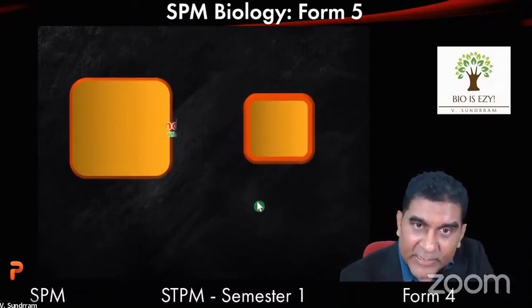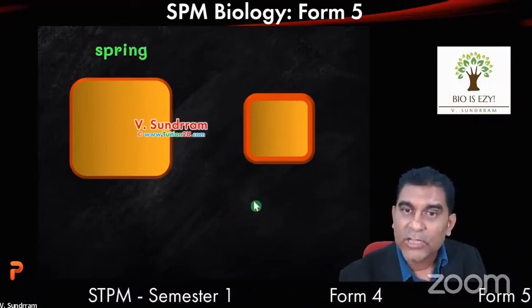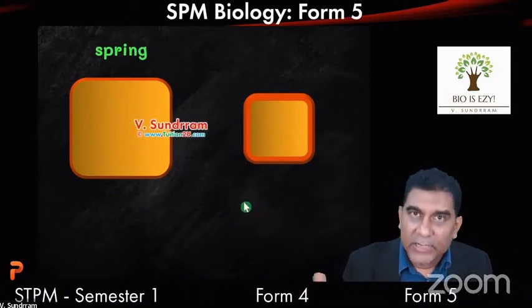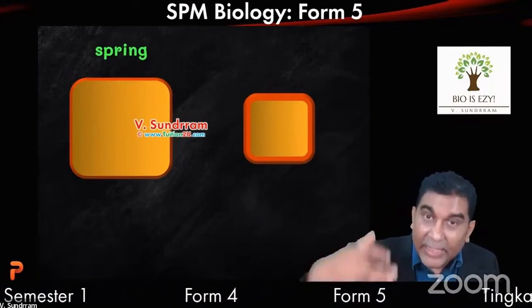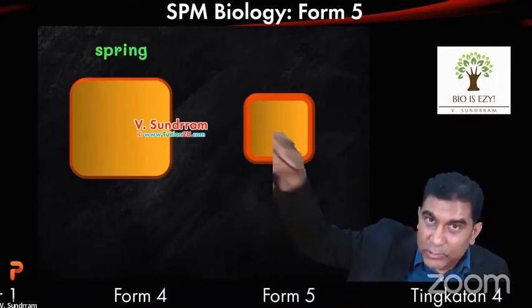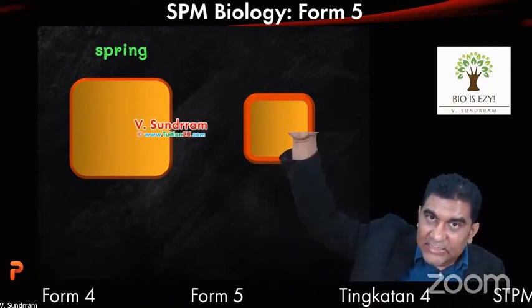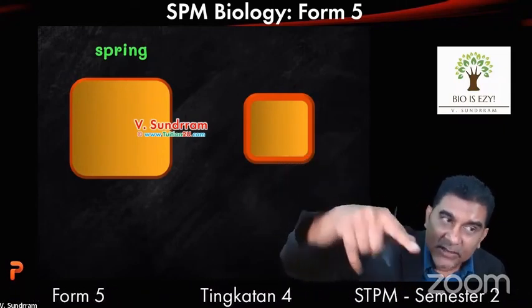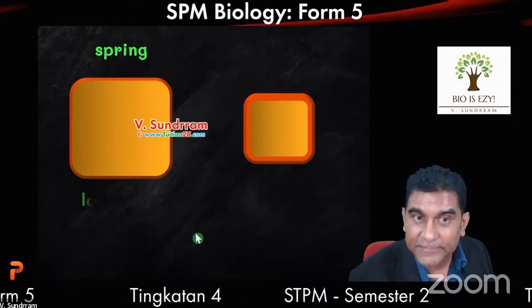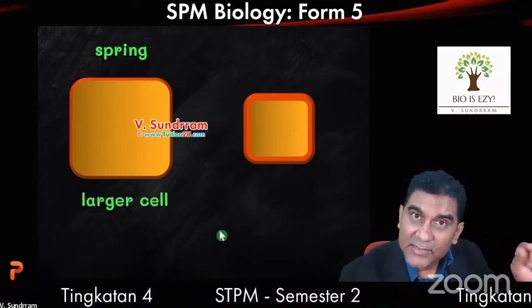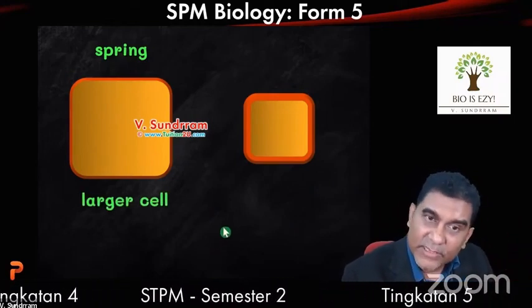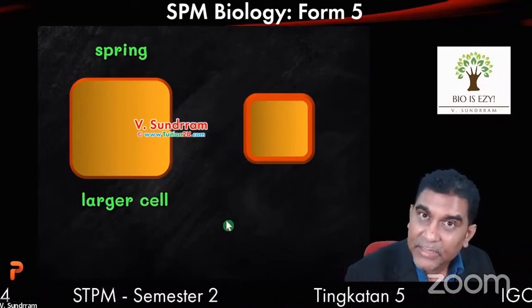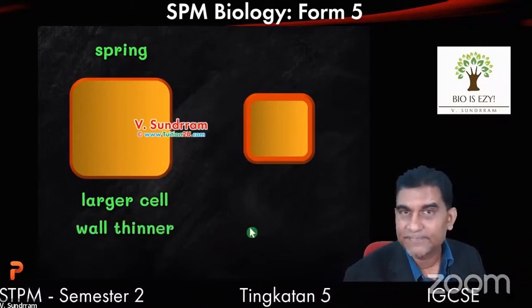The one they form in summer is the smaller one. And I already mentioned earlier, the example is the balloon. You told me, if it's larger, the membrane is thinner. Same thing here. Because in spring, the secondary xylem cell formed is larger, the wall is thinner.